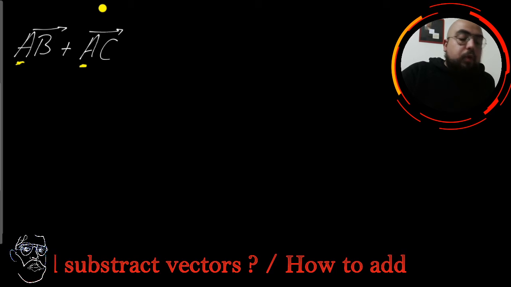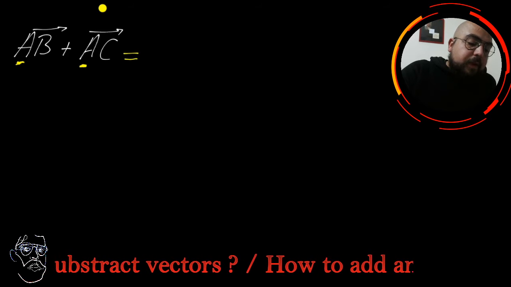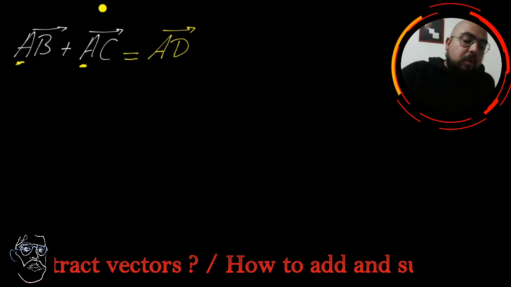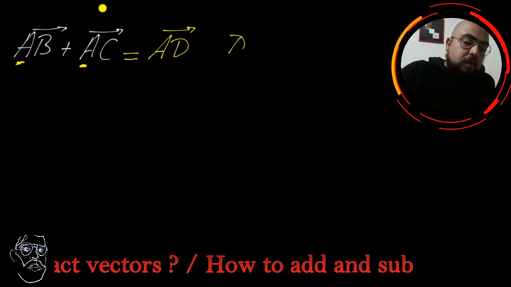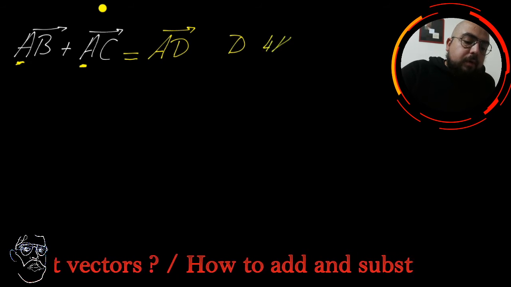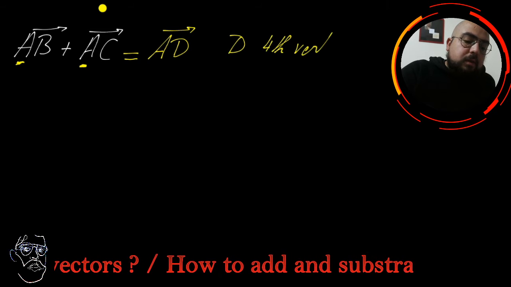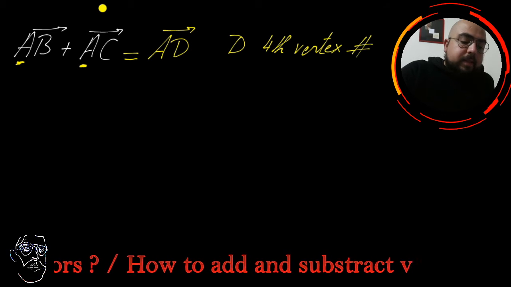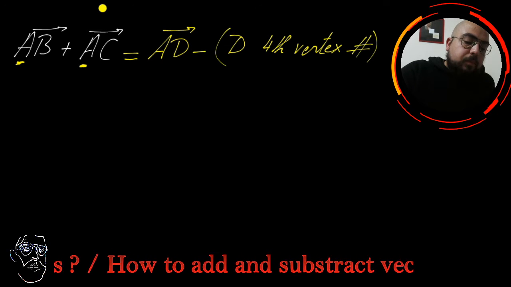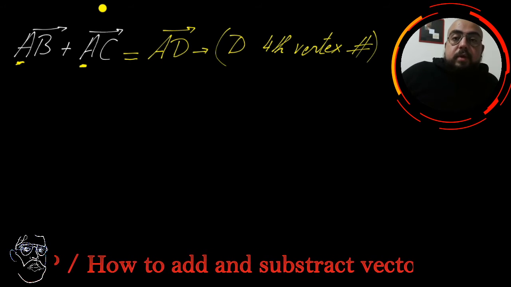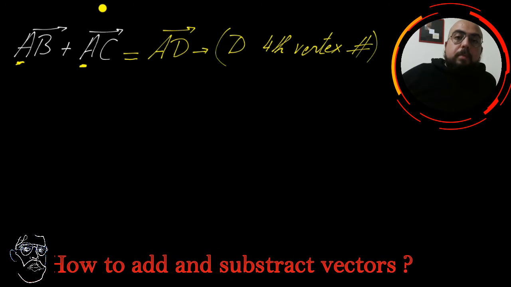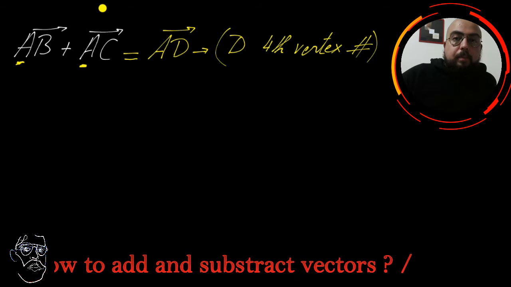What will the resultant be? It's a vector called AD, such that D is the fourth vertex of your parallelogram. So in order to do this addition of two vectors having the same origin, you simply have to complete your parallelogram.